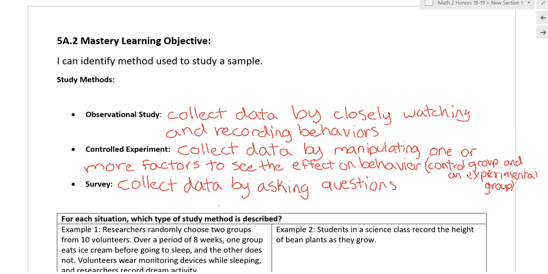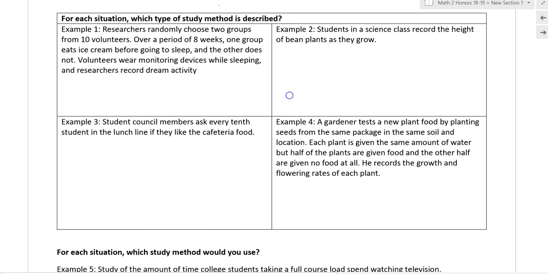All right, so let's look at some examples of these. For each situation, which type of study method is described? Researchers randomly choose 2 groups from 10 volunteers over a period of 8 weeks. One group eats ice cream before going to sleep, and the other does not. Volunteers wear monitoring devices while sleeping, and researchers record dream activity.